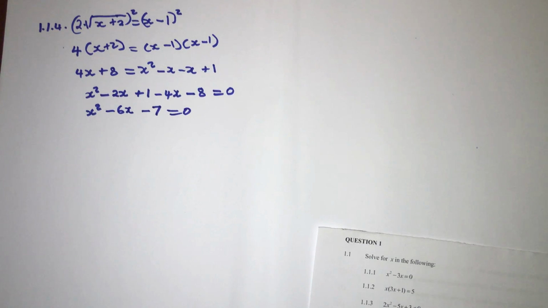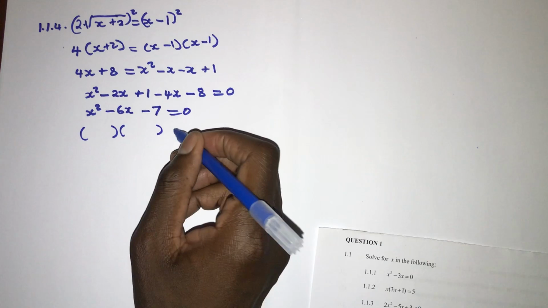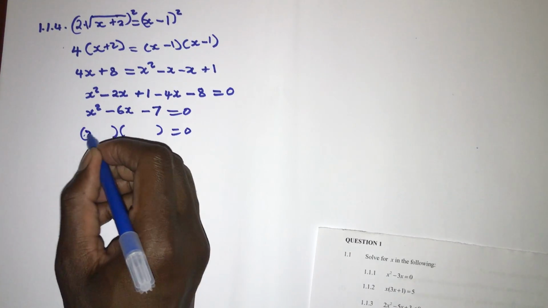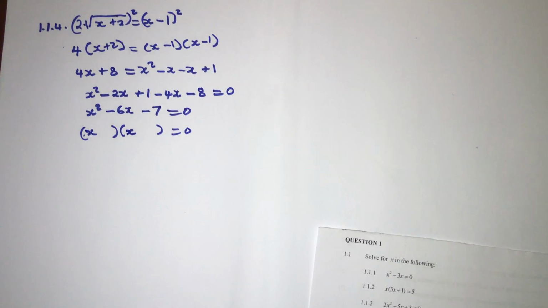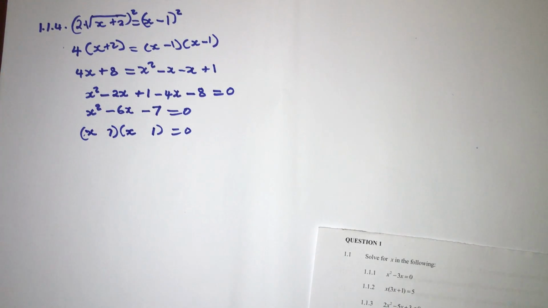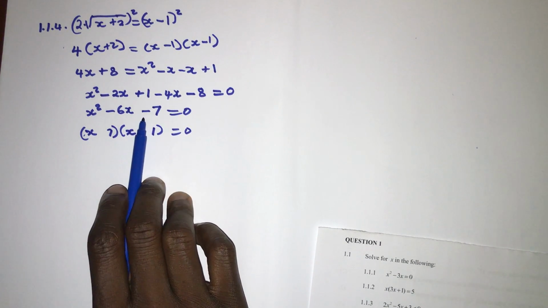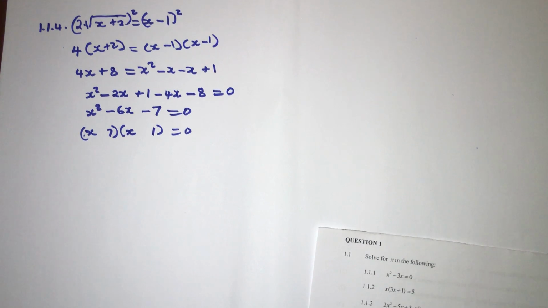So from here, we factorize. We're looking for the factors of x squared, which is x and x. The factors of 7 is only 7 and 1. When you subtract them or add them, they're going to give you 6. This sign means that our signs are different, positive and negative.